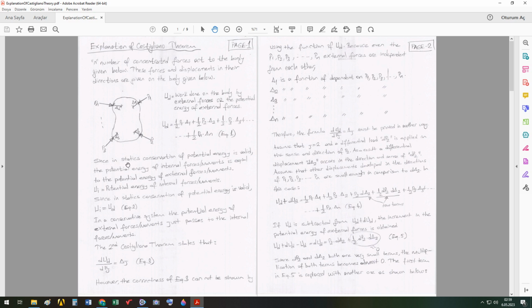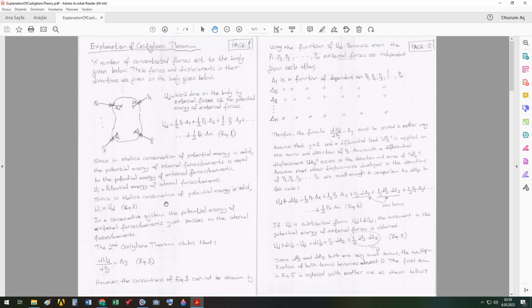Since in statics conservation of potential energy is valid, the potential energy of internal forces and moments is equal to the potential energy of external forces and moments. That means, let's say UI is the potential energy of internal forces and moments.